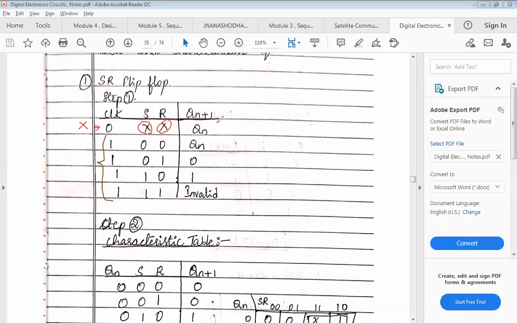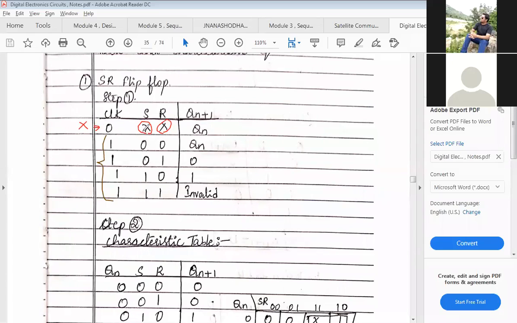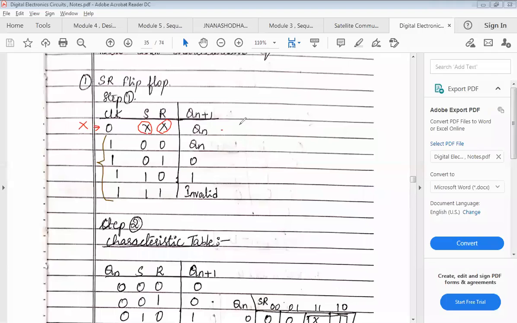If the clock is 0, there's no input, so whatever input is there, it's not of any priority. My output will actually be what is in the memory previously. Qn is nothing but the previous output. Qn plus 1 is the next output, or we can term it as next state output, NS.